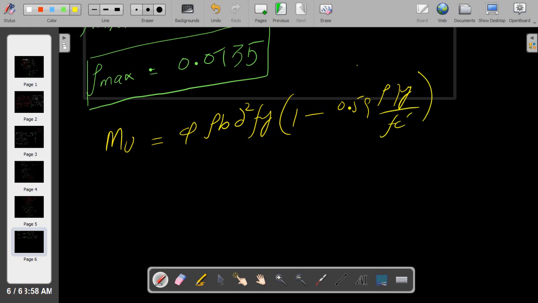I will use this equation for the solution of the example. Sometimes this 0.59 is written as 1 over 1.7. So we know all the values.